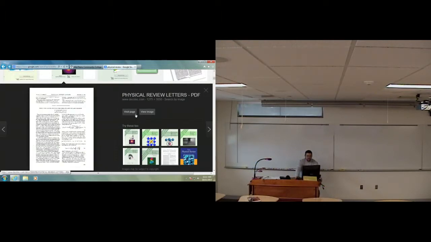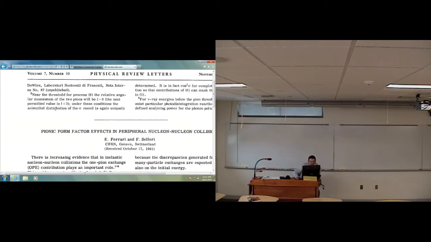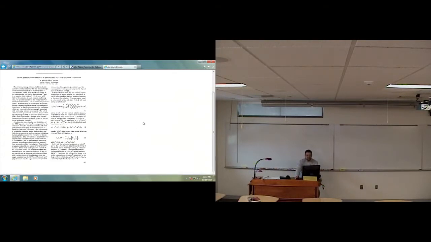And you'll notice here, if you look at one of the articles, that this is a very technical journal. This one is from 1961, it looks like. This is actually from the first collider that was in CERN, Switzerland, quite a while ago.